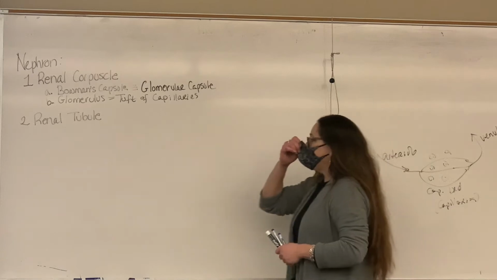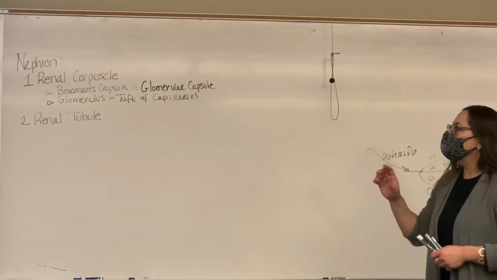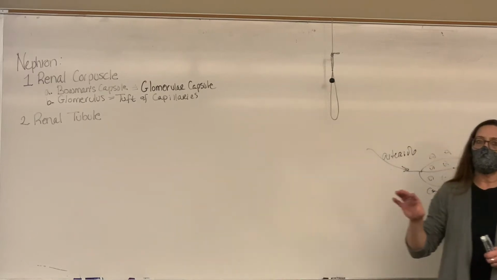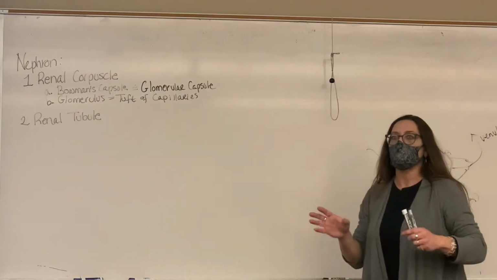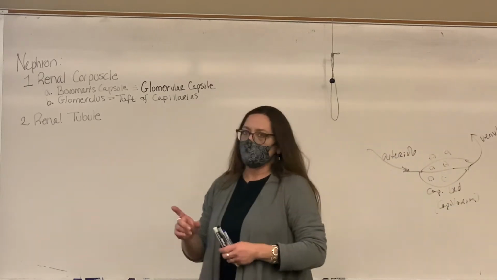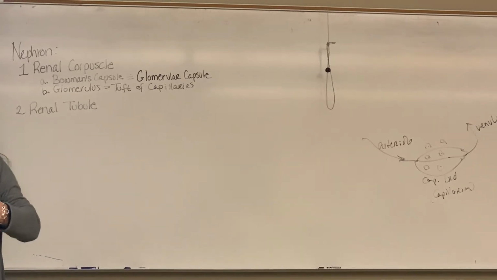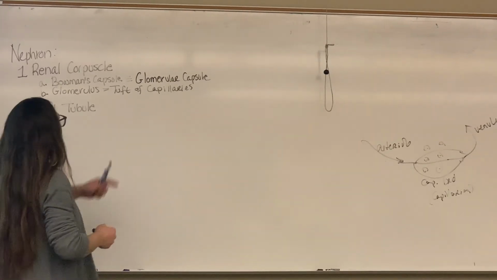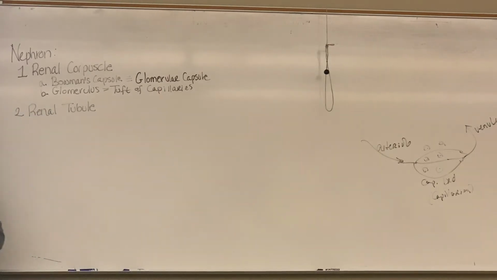Now, we're going to walk through all of that in lots of detail, okay? But what comes out of the blood, we will call the filtrate. We'll get into that later. It's not urine yet. So everything that gets filtered out of the blood, out of the glomerulus, that collects in Bowman's capsule is called the filtrate, not urine yet. Eventually we'll get urine, but not yet.